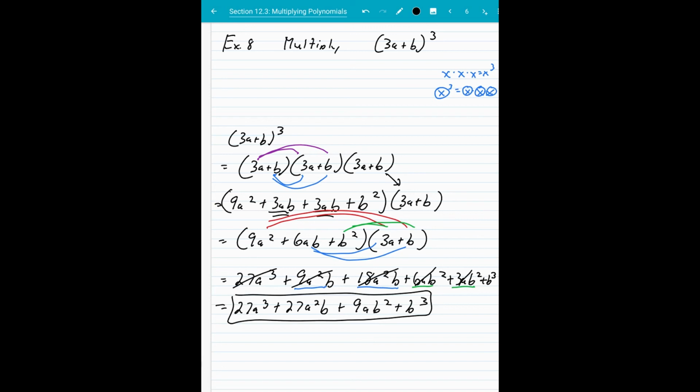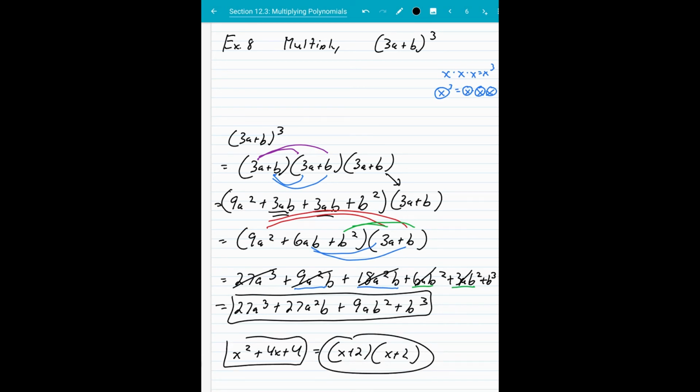So multiplying all these polynomials is crucial because in the next class you're going to be doing something called factoring. You'll be going backwards. Essentially, if you have x squared plus 4x plus 4, you're going to be going backwards and you're going to have to figure out how to find this from this.